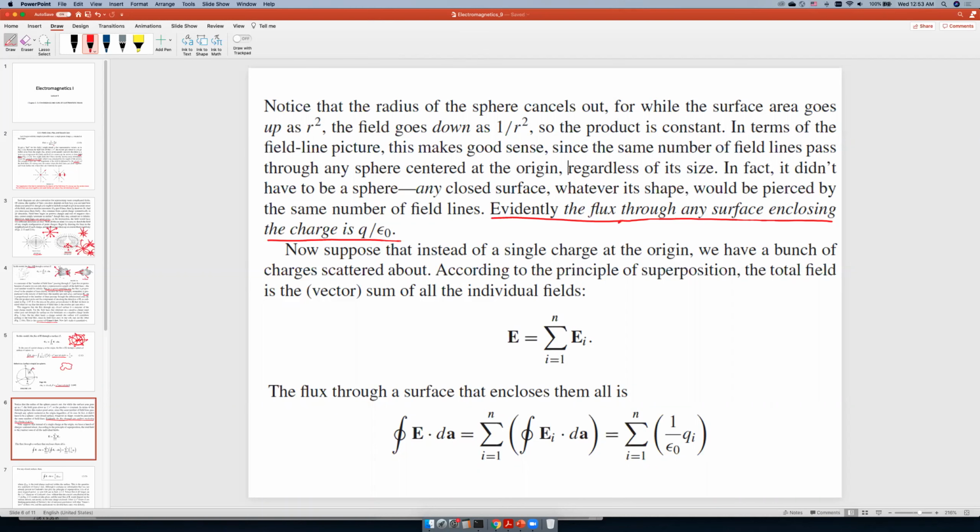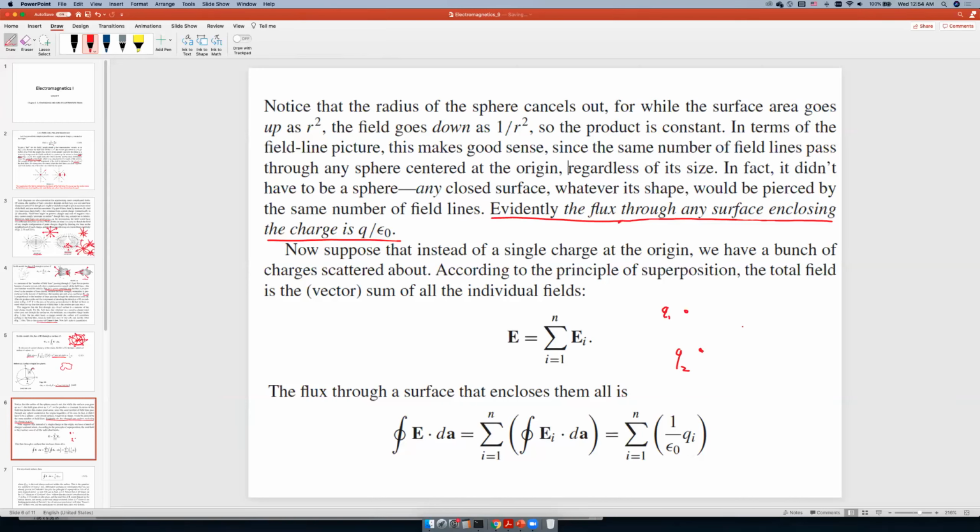Now, this is the situation for one charge. If you have multiple charges in a surface, how do you calculate E? We know if you have multiple charges, then you can calculate the E at any position. Let's say you have Q1, Q2.